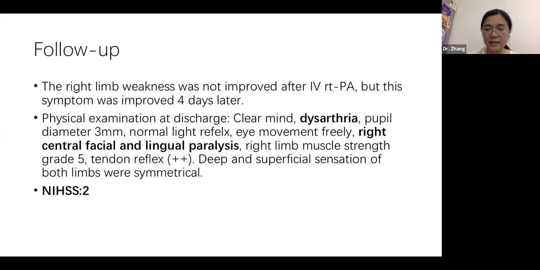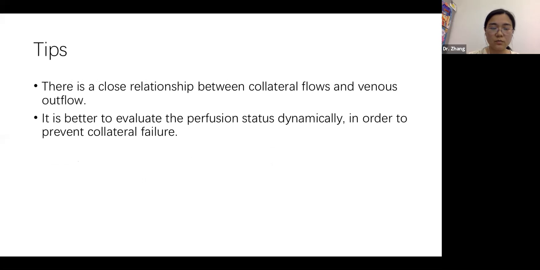But fortunately, his right limb muscle strength improved to grade 5. So the modified Rankin score at discharge was 2.